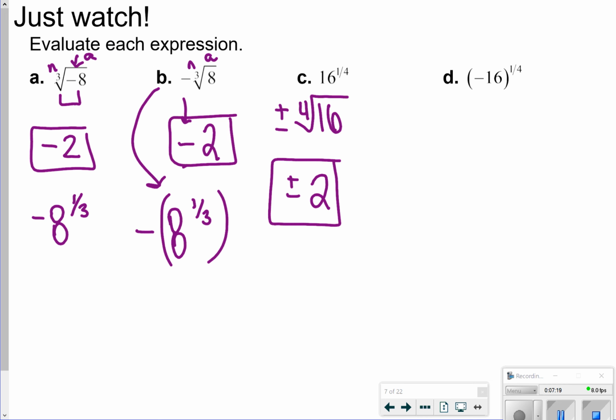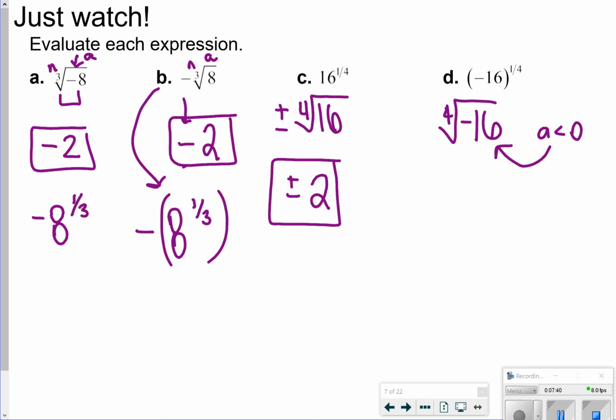And then the last one we have is letter D. This one is extremely important, as if you write it back in the square root form, so that'd be the 4th root of -16. I still have n is equal to an even number, but a is less than 0.